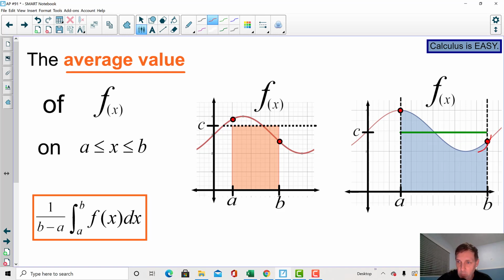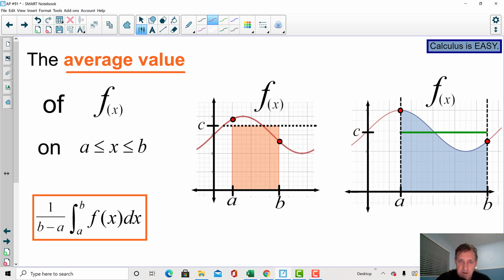Right now it's kind of like a wave coming through here. But if it was like a fish tank, and these were the walls of the fish tank over here, the a and the b, where would the water settle? You can see a little bit of the wave is above, a little bit's below. But if you just let it settle for 5 minutes or so, it would settle along this green line here, and that is the average value of that function.